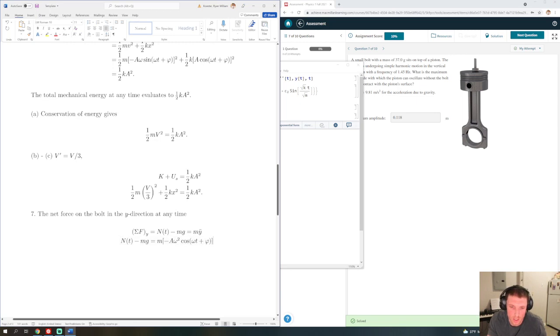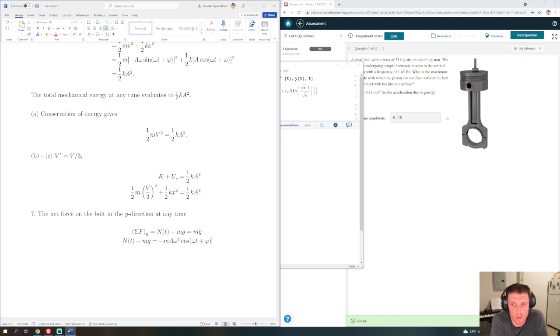I want to just write this one more time for clarity because it'll be better to look at: negative m big A omega squared cosine omega t plus phi, like so. Cool.